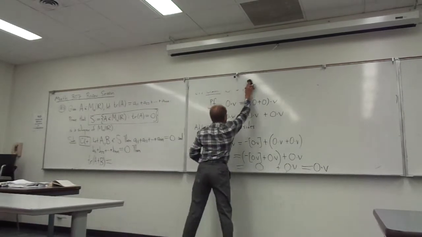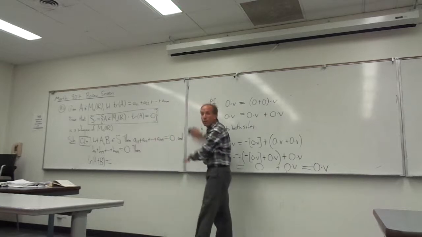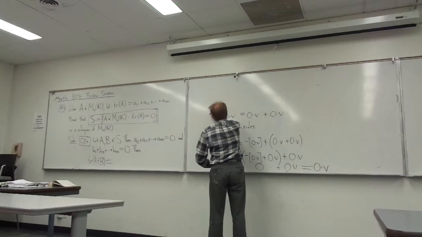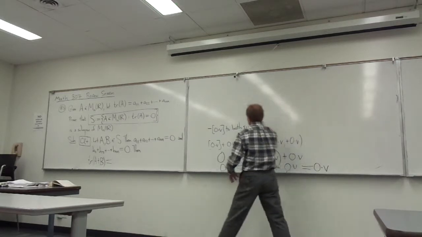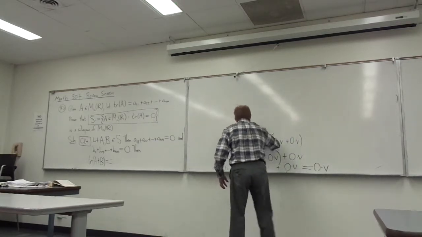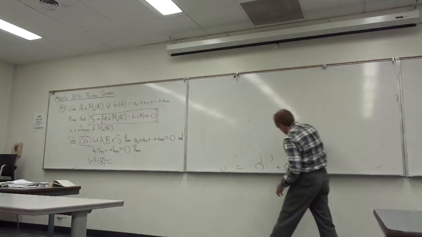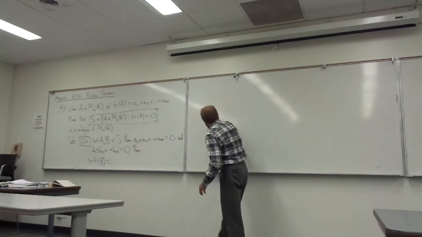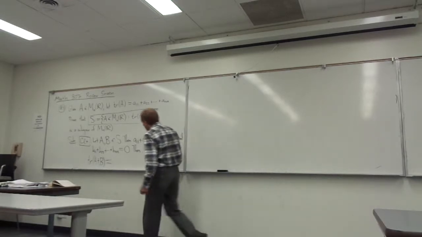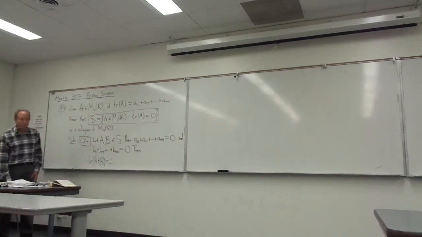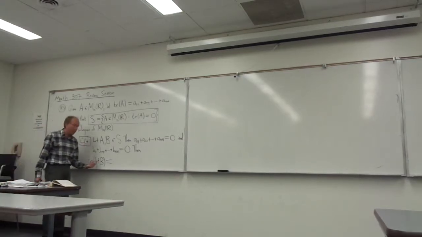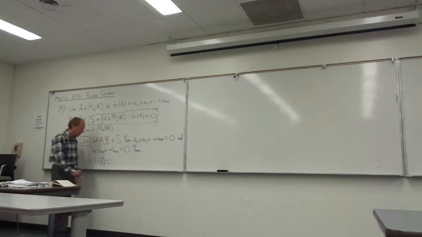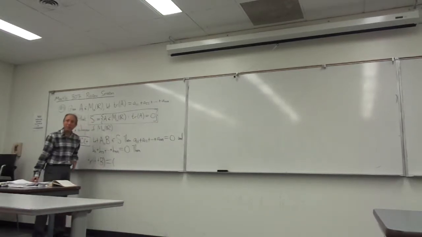What we would like is the trace of A plus B, hopefully equal to 0. So while I'm erasing this board, see if you can fill in the next step there. Trace of A plus B. We're going to add the main diagonal of A plus B. What's the first main diagonal entry of A plus B?